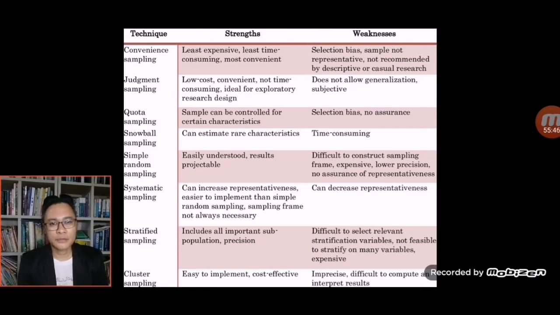It is always depend on the objective. Okay, if the objective is to meet certain requirement of the research, then you choose this certain technique. Alright.